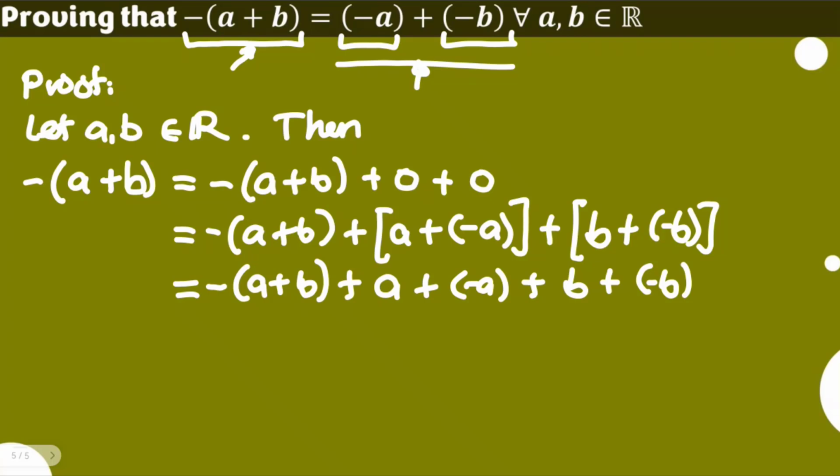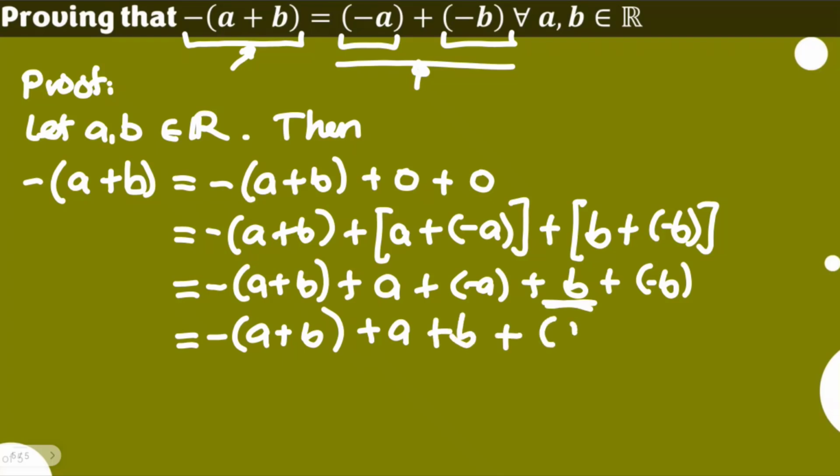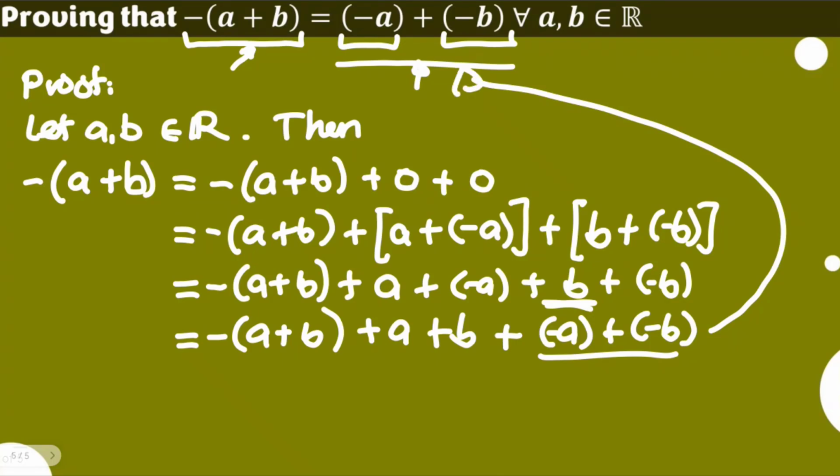I am doing this because I would like us to use the commutative property of addition and later on associativity to come up with new groupings. I'm going to do this like here: negative of (a plus b) plus a, and then moving this b here so that I am isolating the negative of a plus the negative of b, which is again the intended result of our proof.